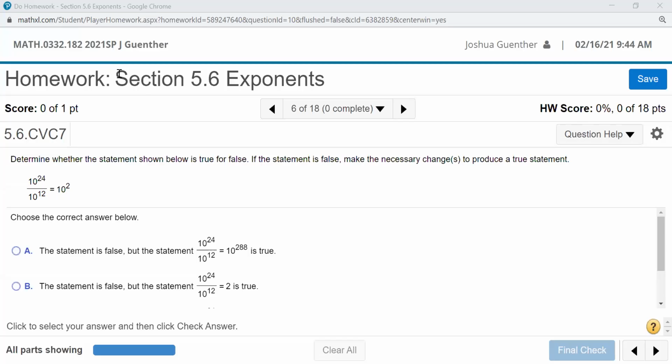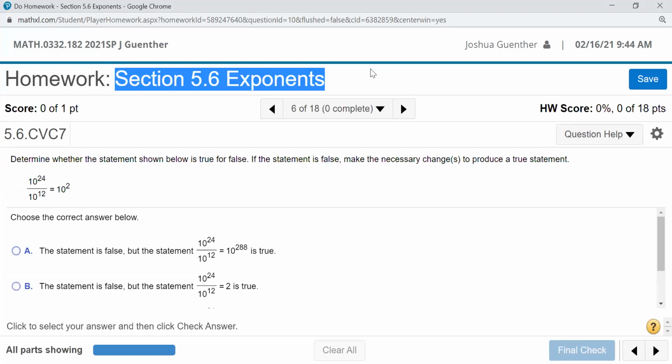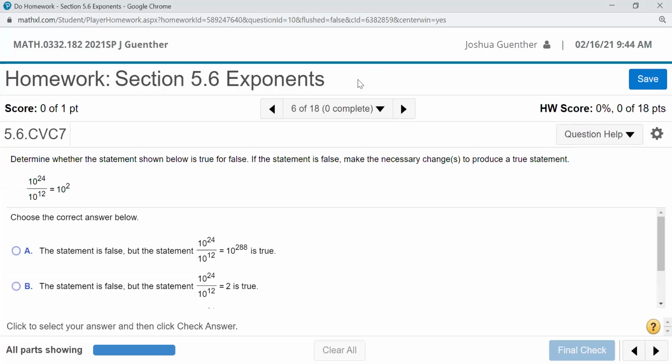Let's do some of the ones that are inherently trying to trick you or not. This is from just the homework that's called section 5.6 exponents. It says determine whether the following statement is true. 10 to the 24th divided by 10 to the 12th equals 10 to the second.